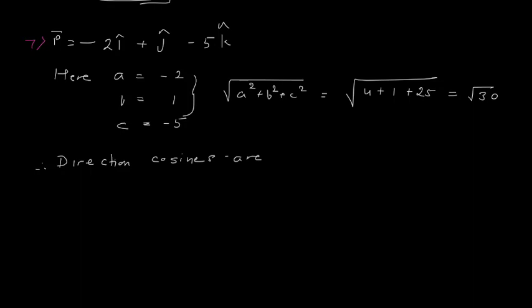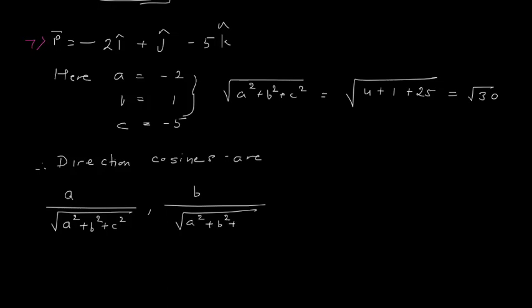So direction cosines are, we have the formula: a upon root of a square plus b square plus c square, comma b upon root of a square plus b square plus c square, comma c upon root of a square plus b square plus c square.